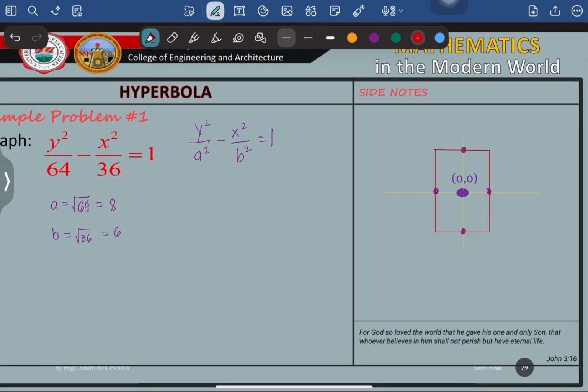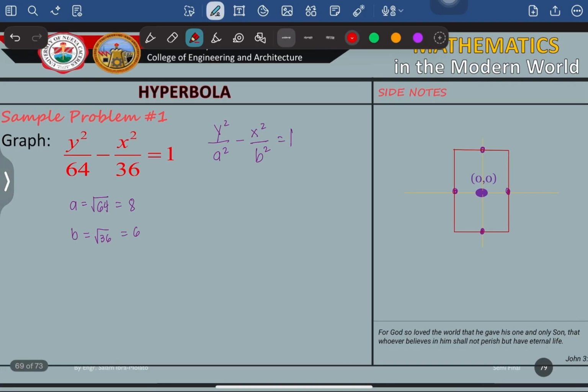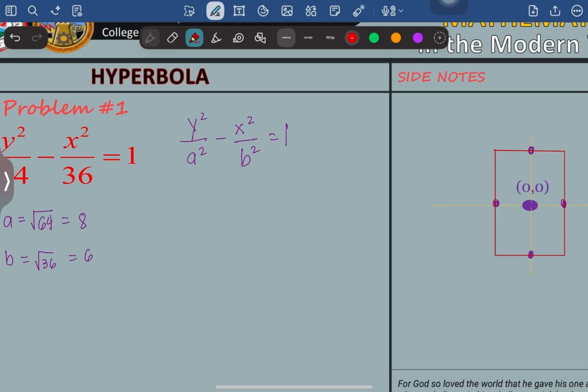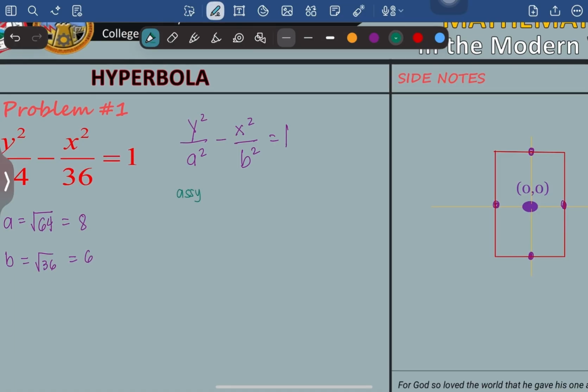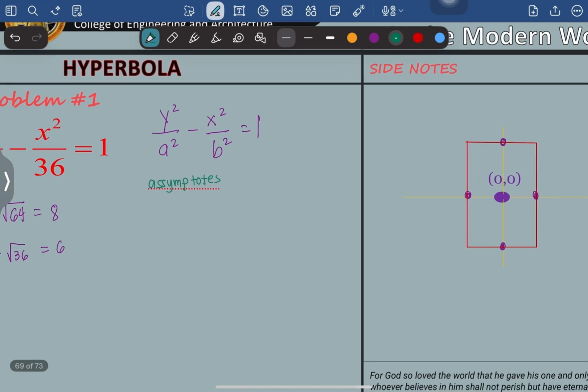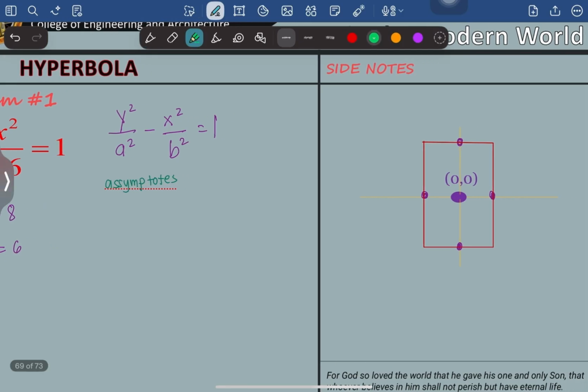So, for the asymptote, so we have the asymptote here.